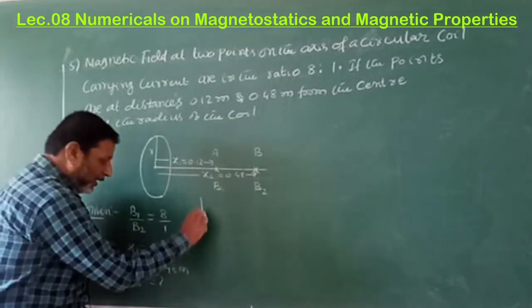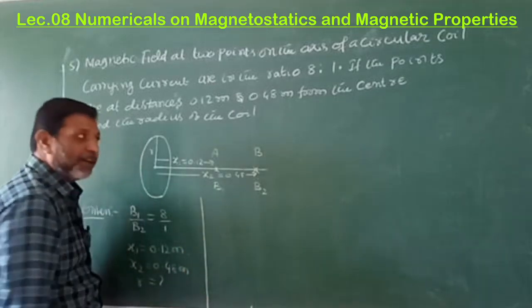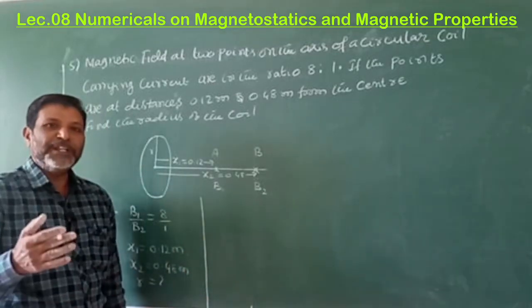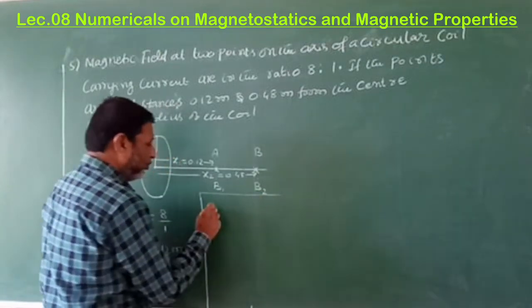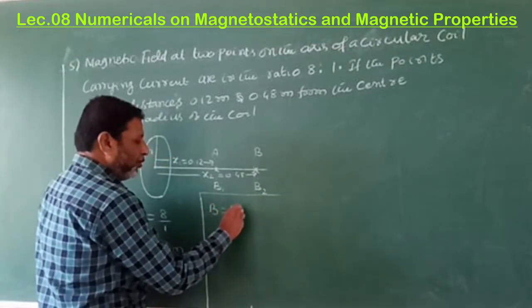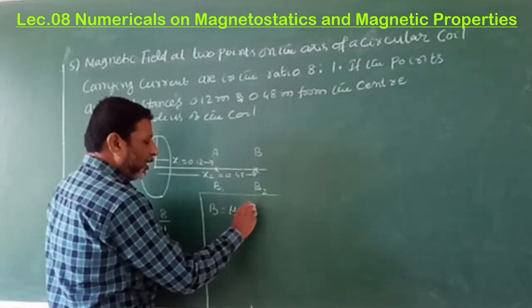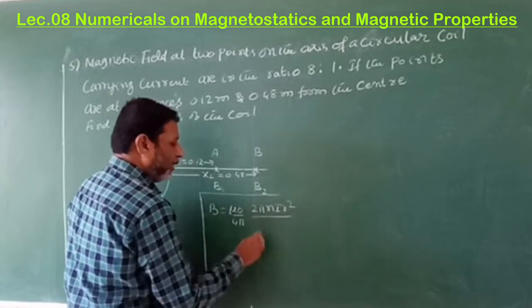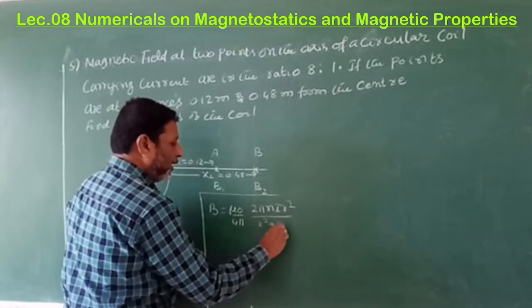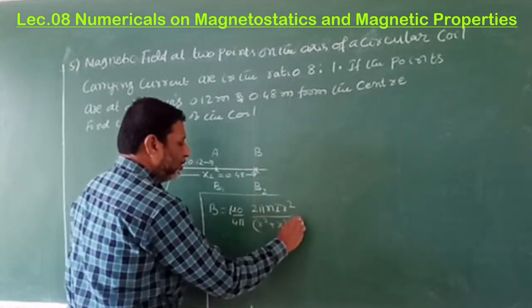Now as you know, the general formula of the field at any point on the axis of a circular coil is B equal to mu naught divided by 4 pi, or 2 pi, N i r square divided by r square plus x square whole raised to 3 by 2.